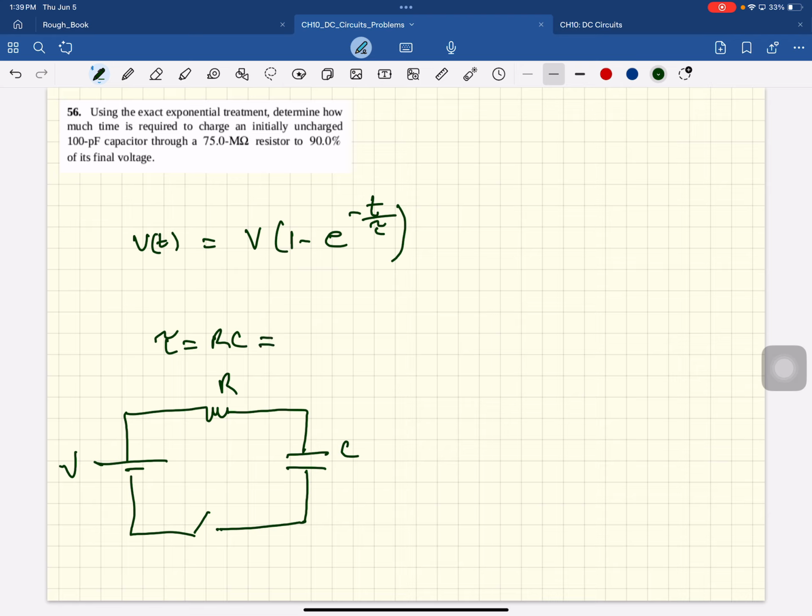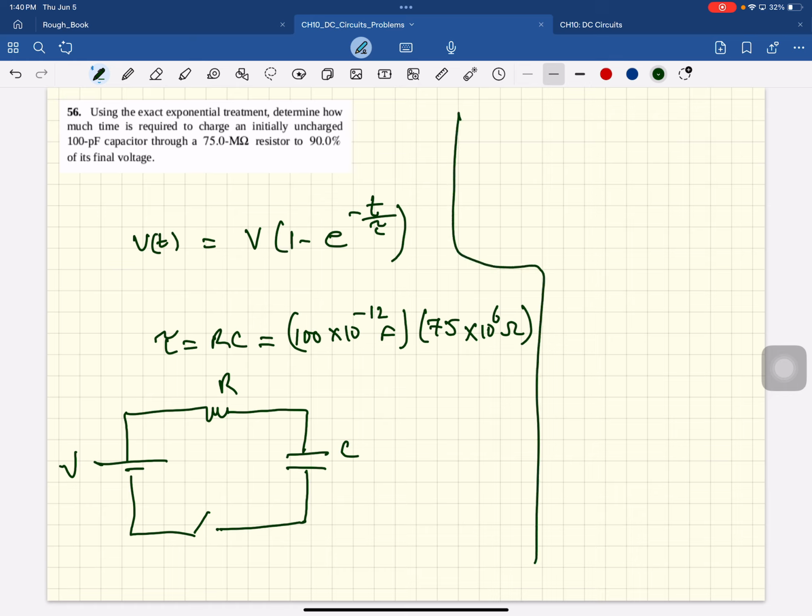Okay, so for this one, 100 picofarads and 75 mega ohms. The time constant for our circuit is 7.5 times 10 to the minus 3 seconds, 7.5 milliseconds.